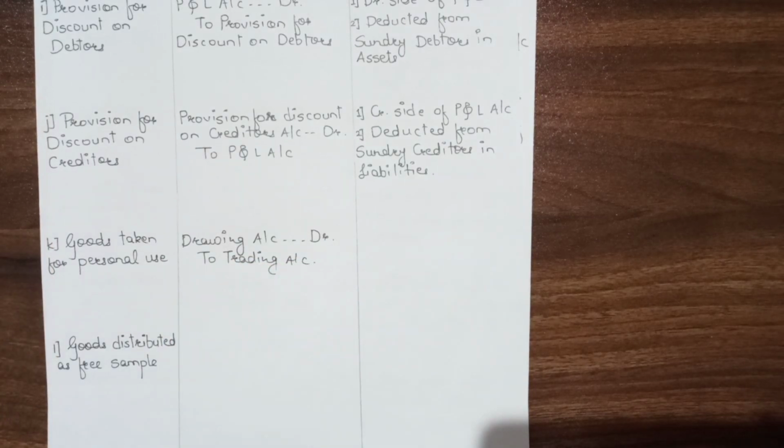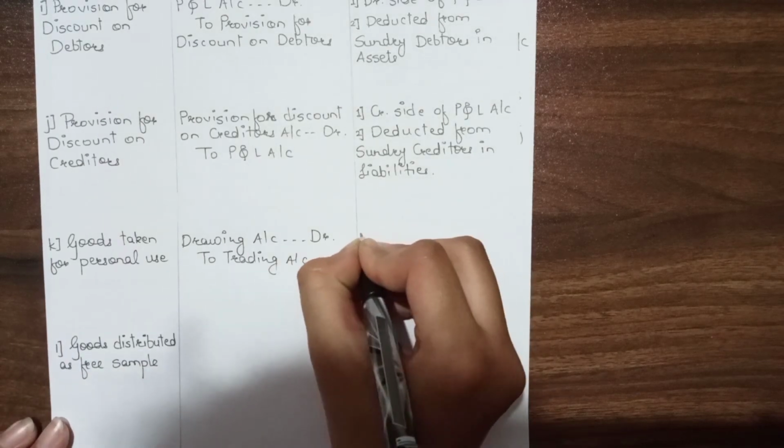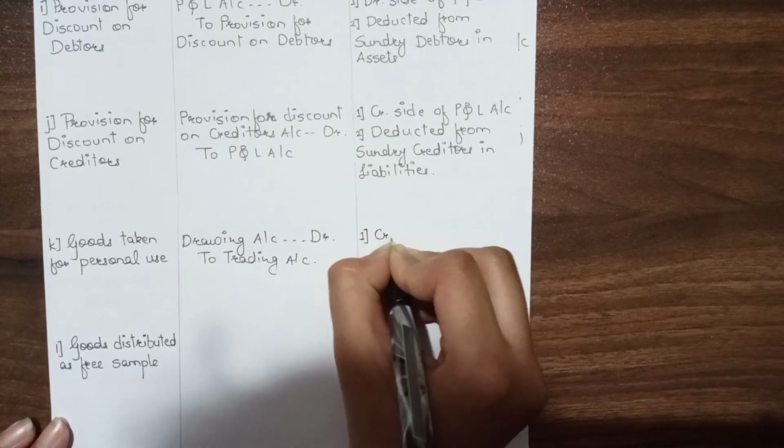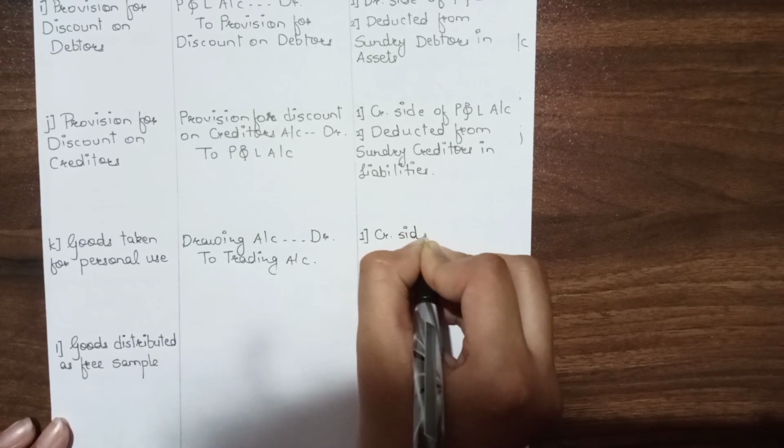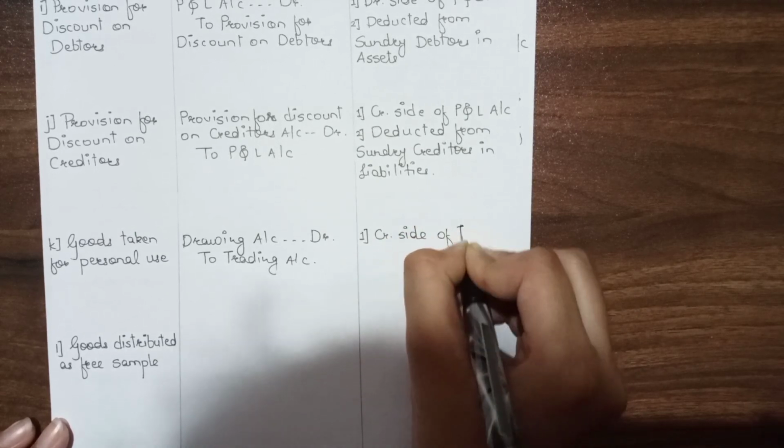Okay, the two effects for goods taken for personal use. The first effect will be the credit side of trading account, or you can deduct it from purchases account, but for your understanding, credit side of trading account.